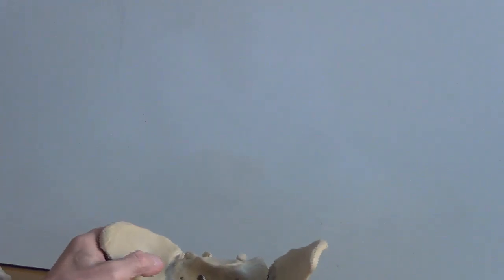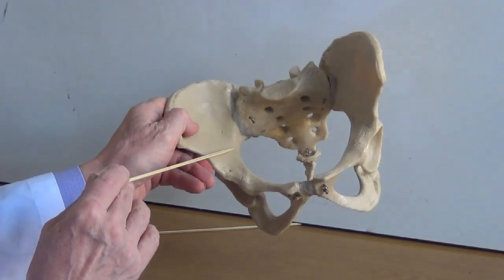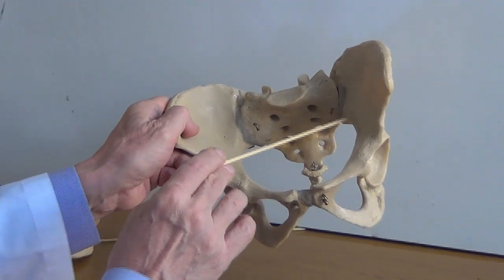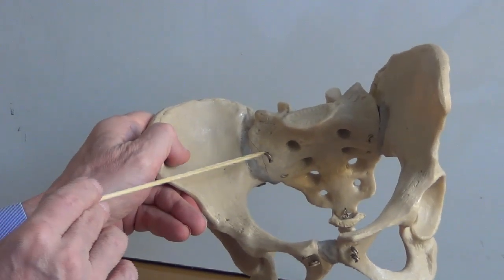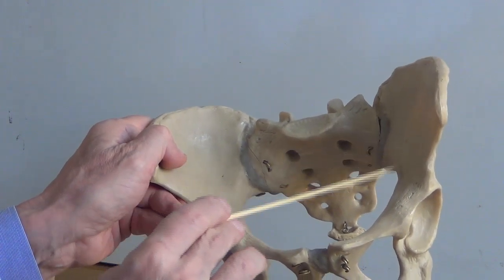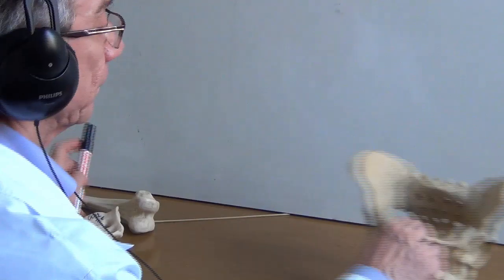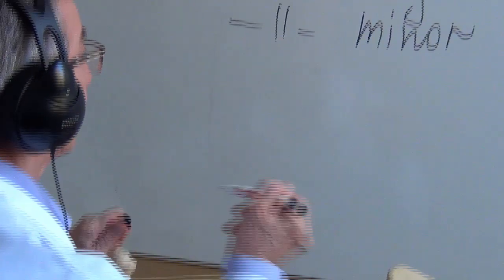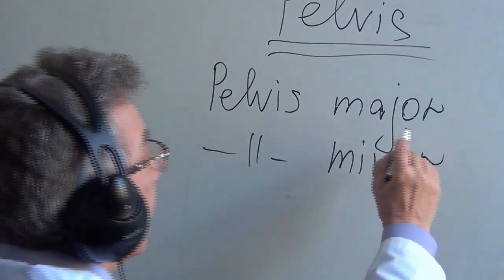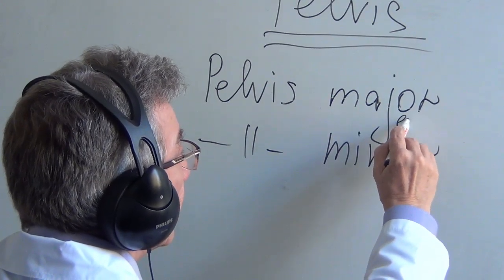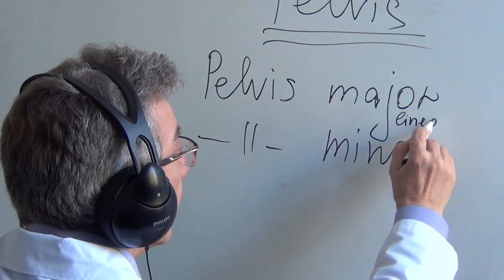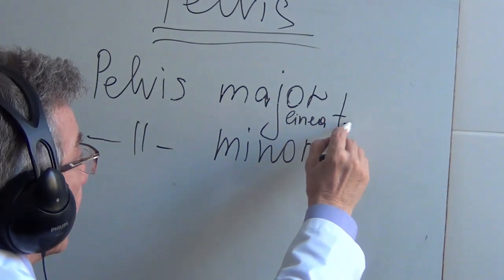So where is the border between these 2 parts of pelvis? This border is called linea terminalis.